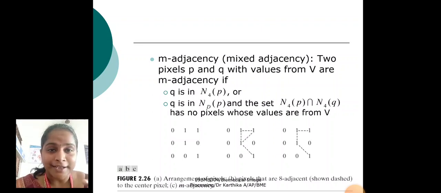This diagram shows the arrangement of pixels. Pixels that are 8 adjacent are shown with dashed lines to the center pixel, and the third picture indicates M adjacency.